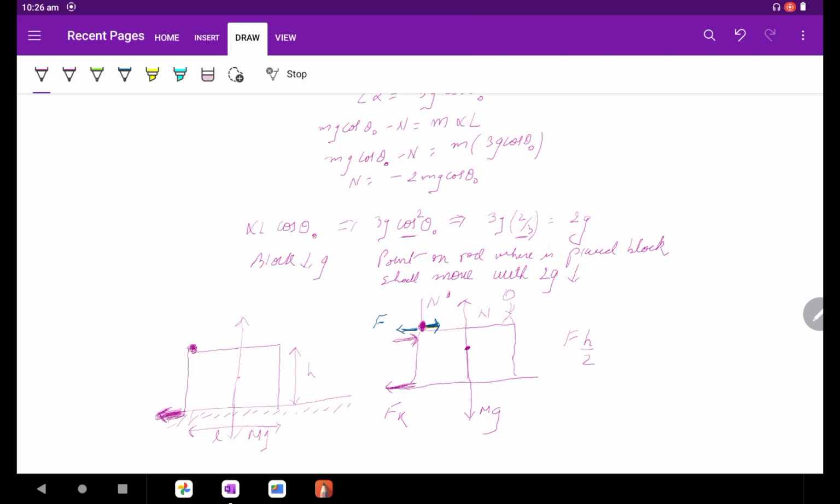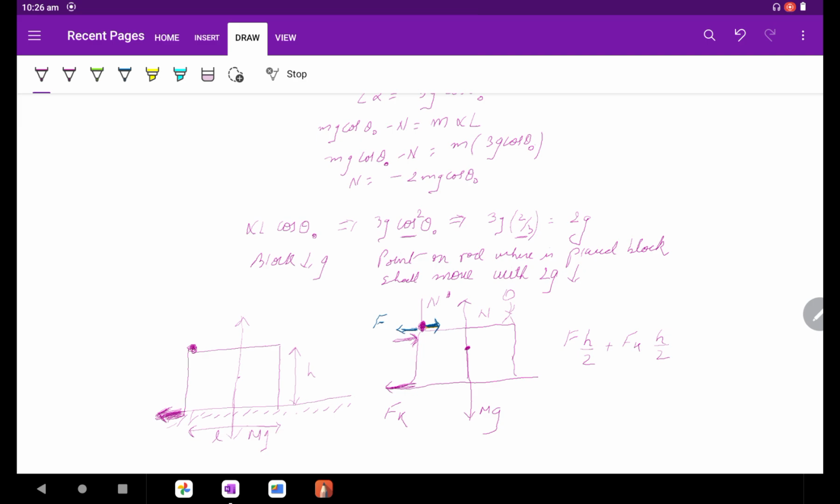So plus Fk into, this time, what will that be? L by 2, correct? Or h by 2? I won't tell you, you'll have to tell me rather. H by 2, right? Both are h by 2, and both are trying to rotate it in the sense clockwise.